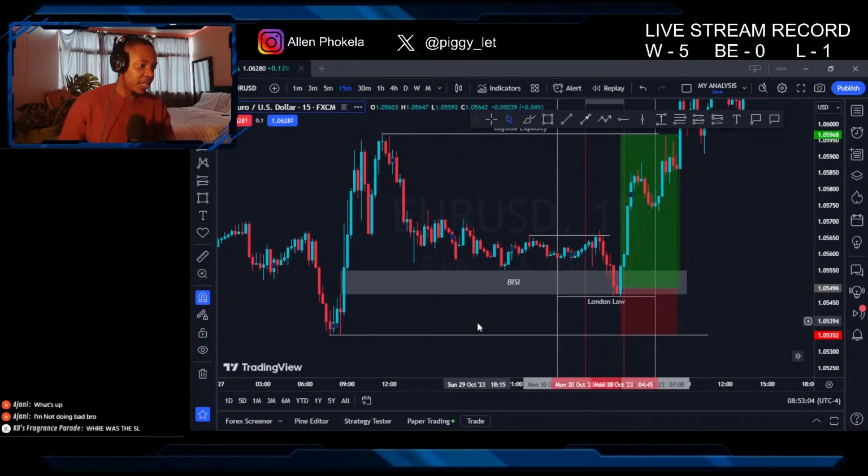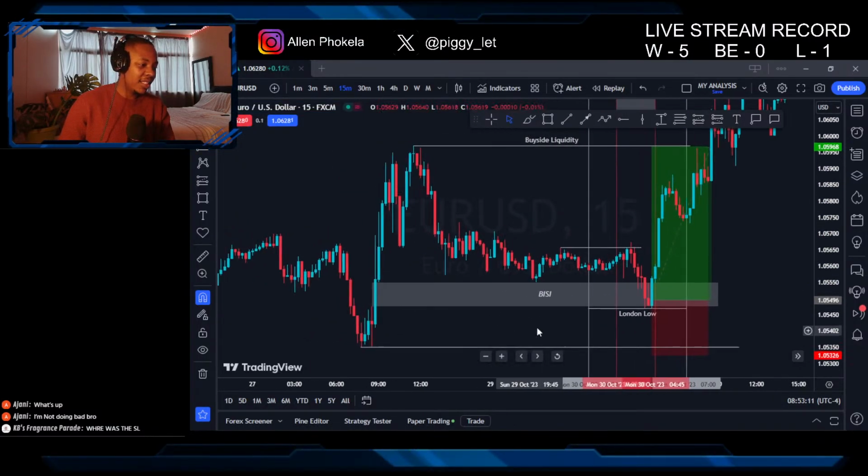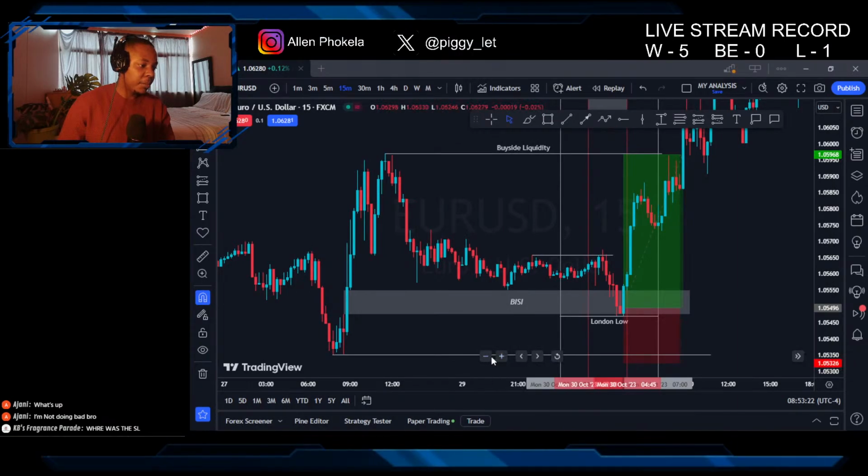So you can have your SL just below there, which is around 17 pips, a good SL. And as you can see, during the kill zone, we turtle souped into a 15-minute BC, and that's when you can take your buys to the upside, to that buy side liquidity.